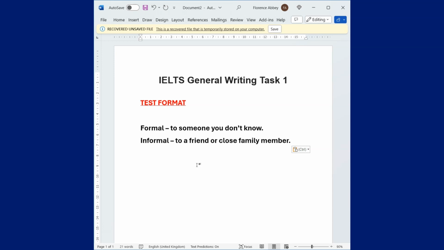It might be that you want to make inquiries, apply for something, or resign. So it's in different situations and circumstances, and they want to know how well you'll be able to write in such circumstances.